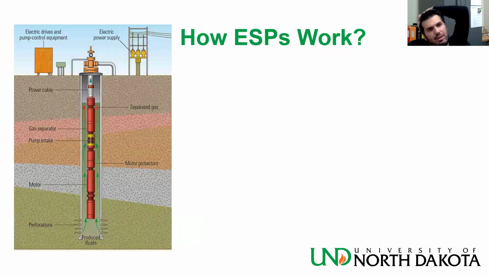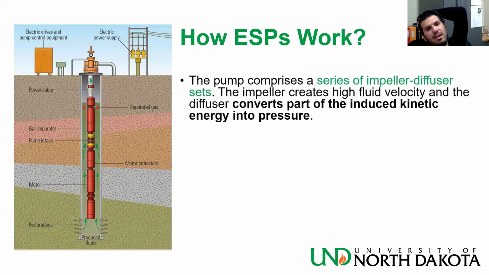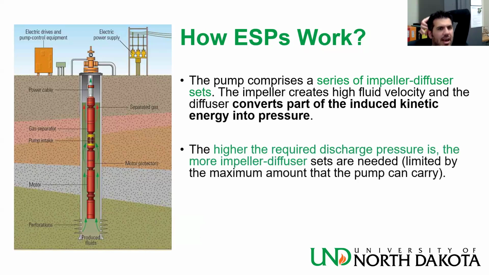How does an ESP work? An ESP has a series of impeller diffuser sets. The impeller creates a fluid velocity, and the diffuser converts part of the induced kinetic energy into pressure. The higher the required discharge pressure is, the more impeller diffuser sets are needed.